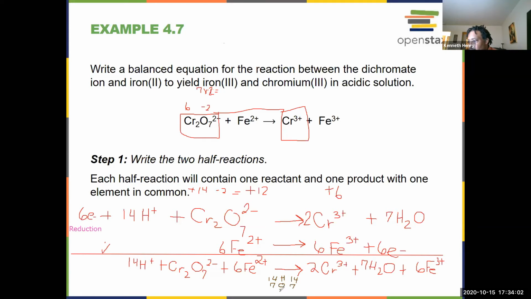How many chromiums do we have? 2. On the product side? 2. And how many iron do we have? 6. And on the product side, 6. Piece of cake.